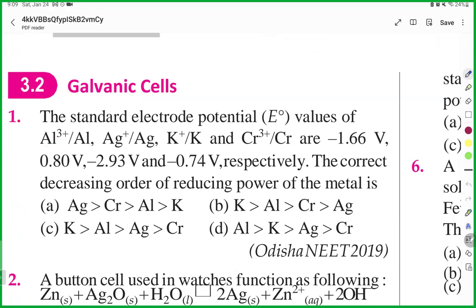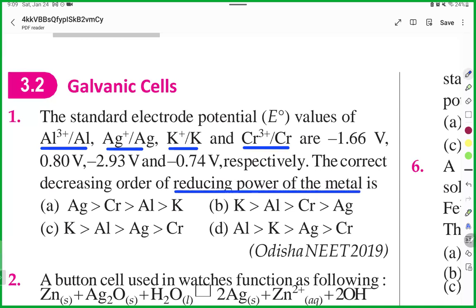Electrode potential for aluminium, silver, potassium, and chromium. Imagine all potentials given are reduction potentials. All values are given under reduction potential. You have to identify the reducing power of the metal.